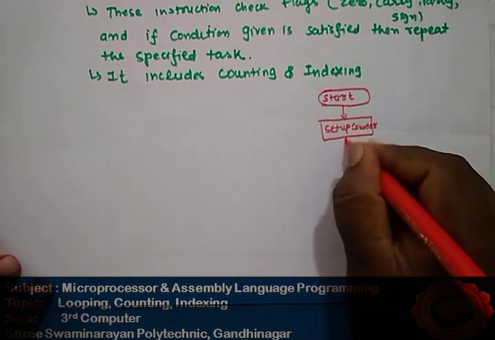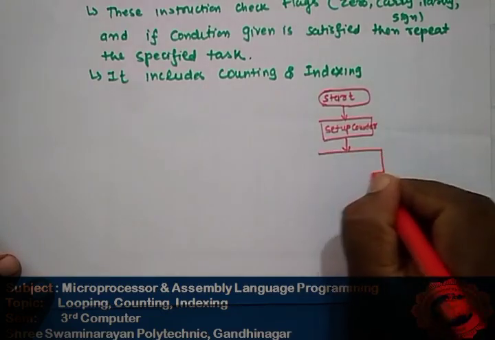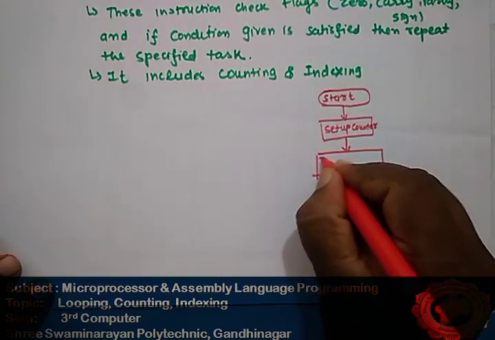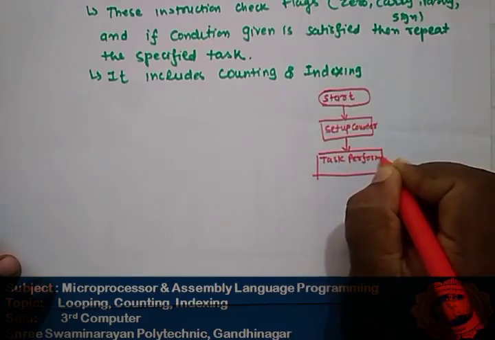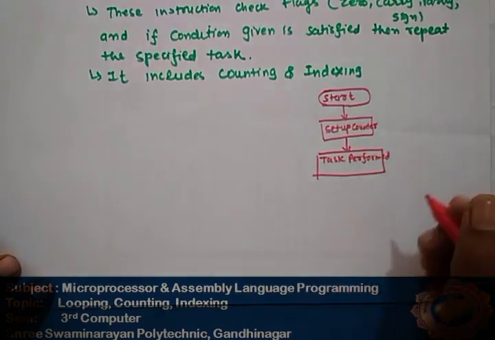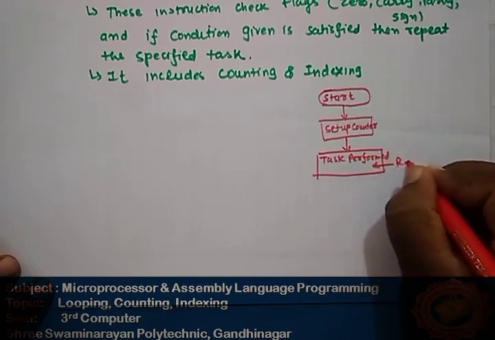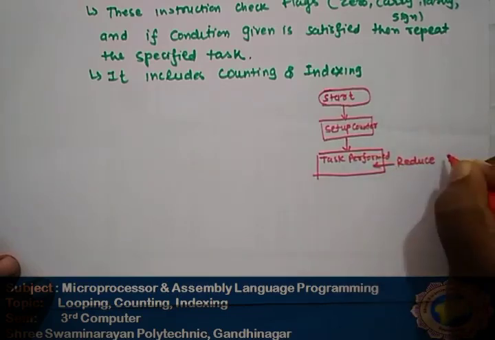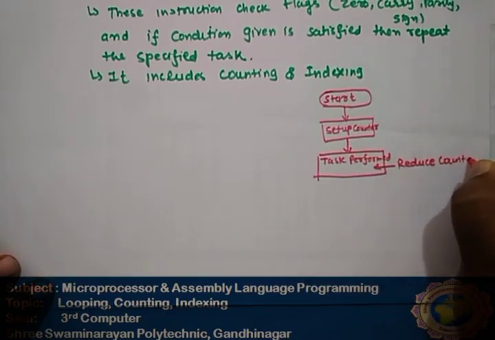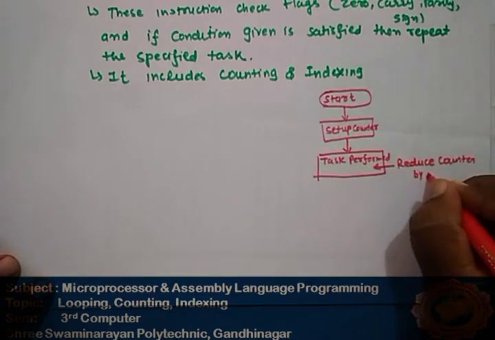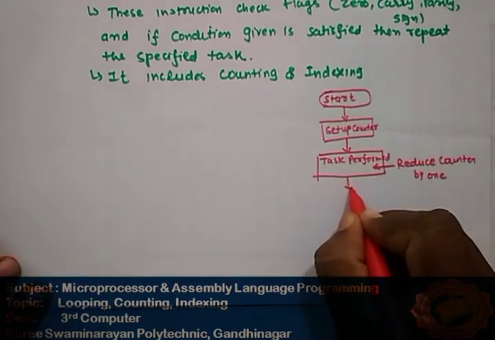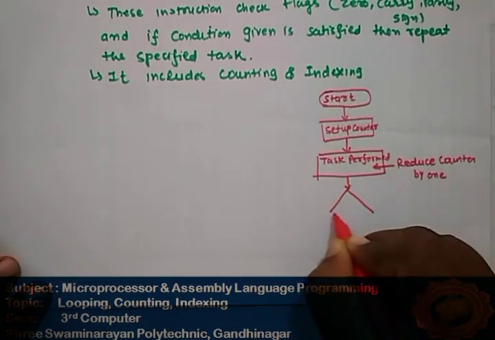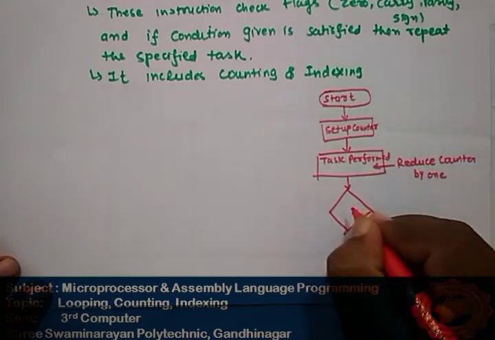Then perform the task. After completion of the task, we have to reduce the counter by 1. Then put the condition: is counter 0?